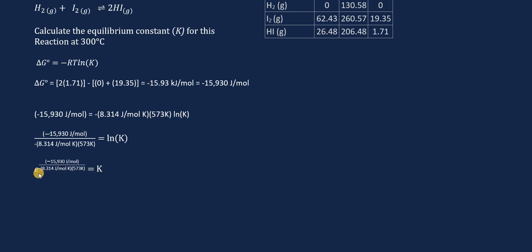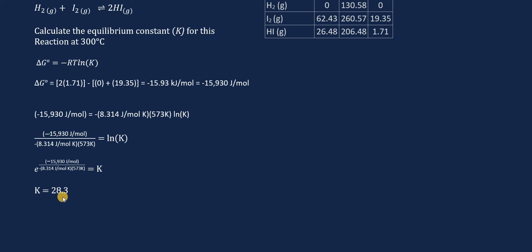Then you punch E into your calculator, raise it to the power of this fraction, and that will give you your value for K. In this case you should get 28.3 as your K value after you solve this here. And remember, equilibrium constant has no units.